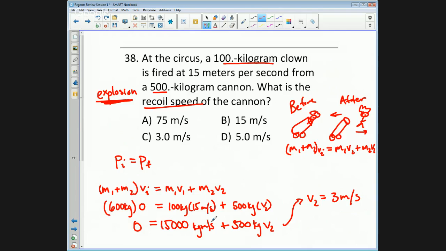Whoops, that's 1500, my bad. So we get an answer of C, 3 meters per second. That's the speed of the cannon after it fires. It'll move backwards at 3 meters per second.